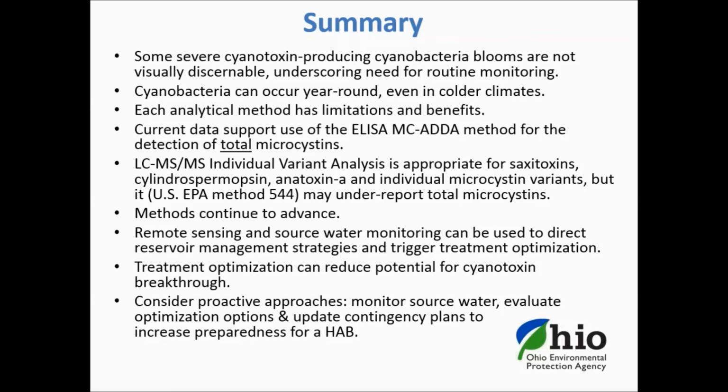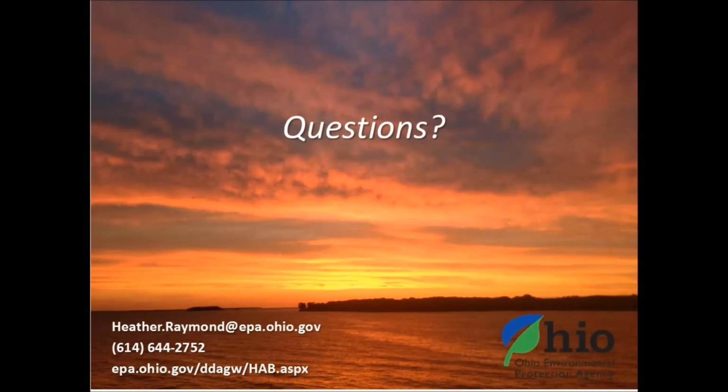And we encourage water systems in other states to consider proactive approaches, monitor your source water, evaluate optimization options, and update contingency plans to increase your preparedness for a HAB. Because no one wants to be sitting at a plant at midnight trying to figure out how they can find a trash pump to put into a wet well the next morning. So with that, I will close. Next slide. And I can respond to any questions.